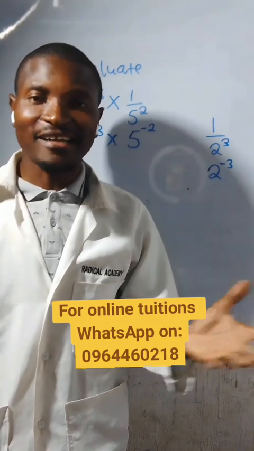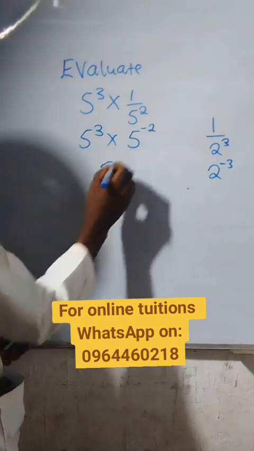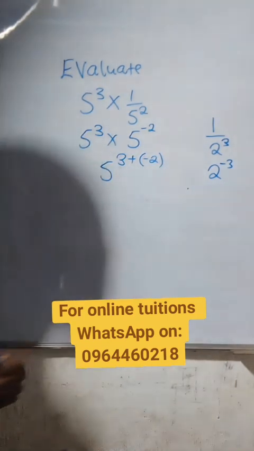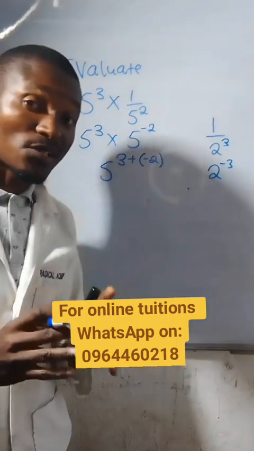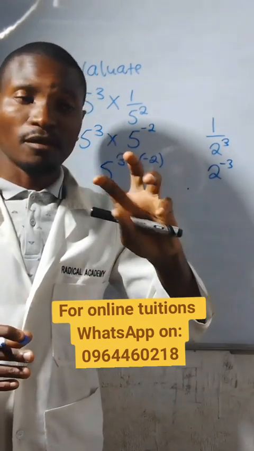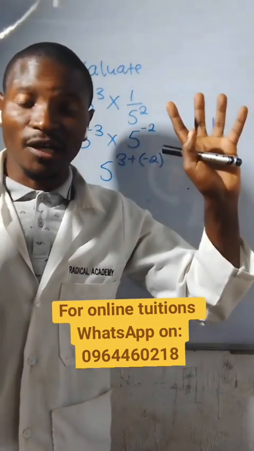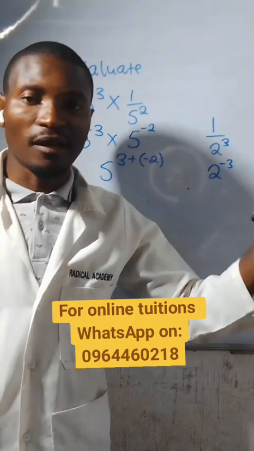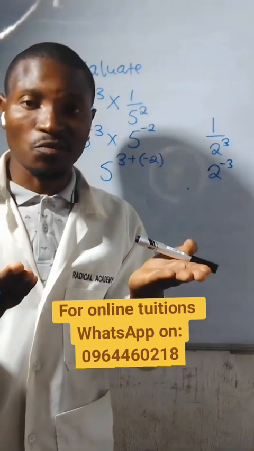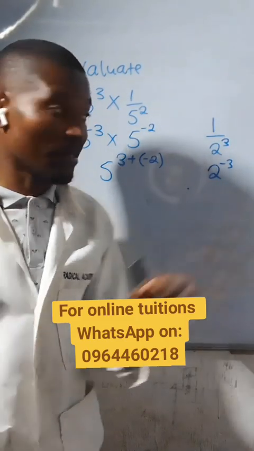So what you're saying is 5 to the power 3 plus open bracket minus 2. You can see how simple that is. Same bases, you are multiplying, whatever the powers are, just add the powers. The bases must be the same, that is the principle. The powers can be whatever they want to be.